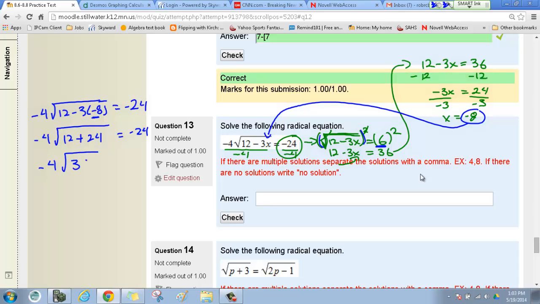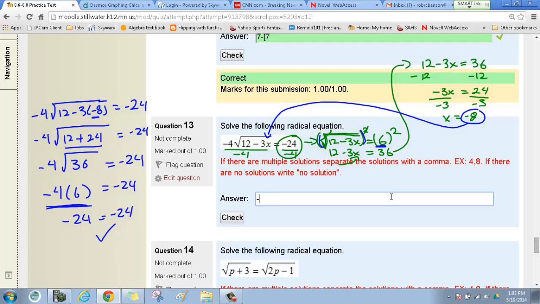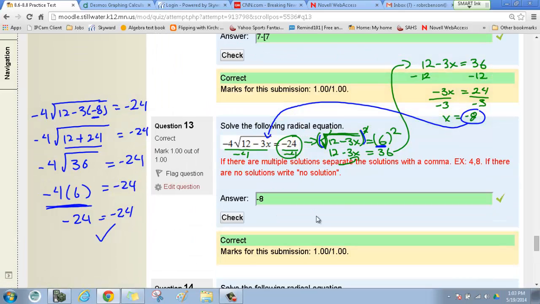So we got -4 square root of 36, because 12 plus 24 is 36, equals -24. We know the square root of 36 is 6, so we got -4 times 6 equals -24. And this indeed does equal -24. So it does check off, and so our solution is -8. There we go. Checking that. Perfect. Okay.